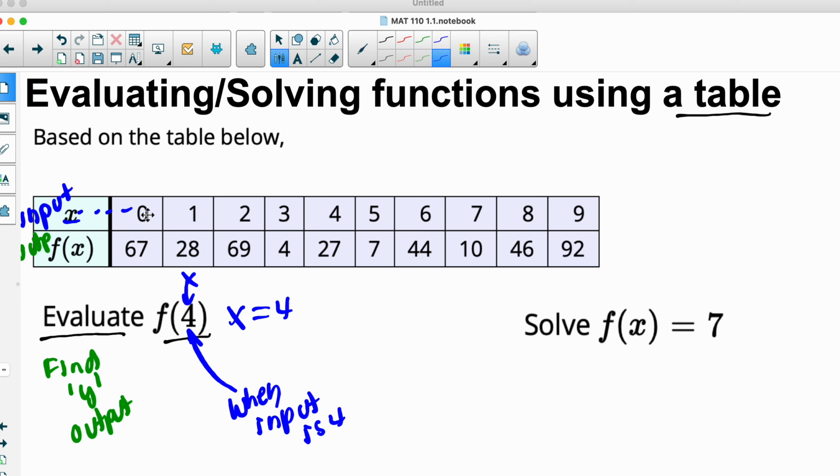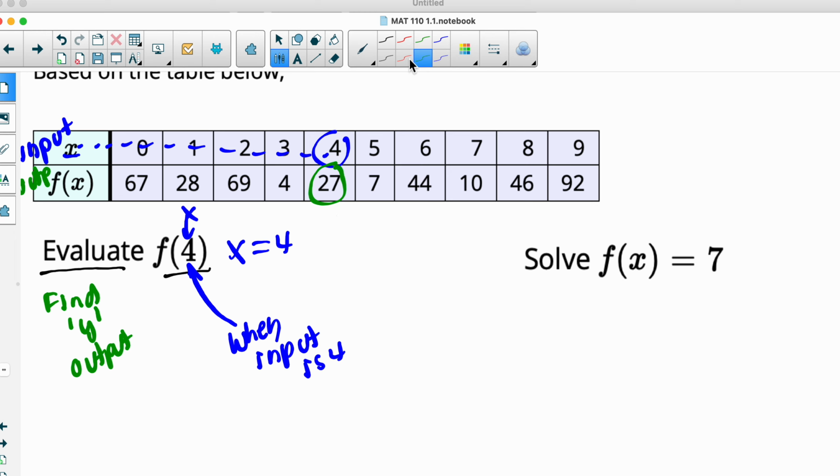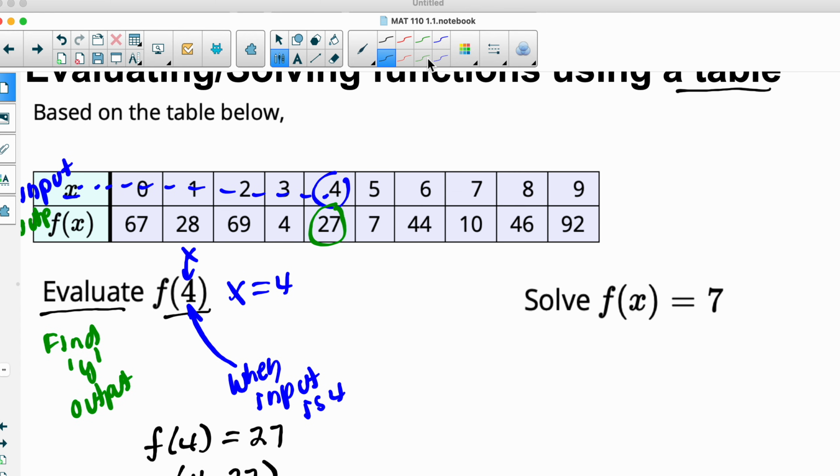So I'm going to look to where x equals 4, travel over here. When x equals 4, f of x equals 27. So we can just simply write that f of 4 is equal to 27. We could write that as an ordered pair as 4, 27. So the next one says solve f of x equals 7.